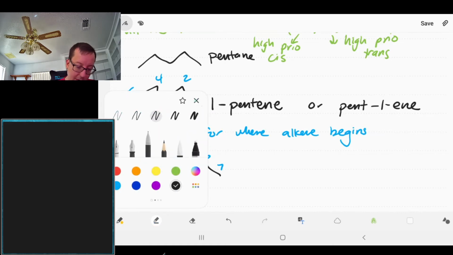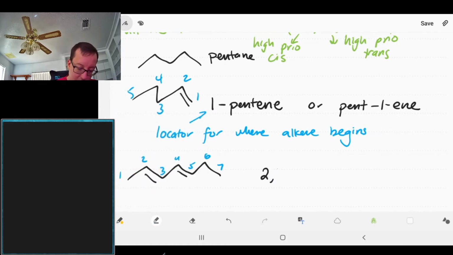So we're going to see that this would be 2,4-heptadiene. So we have a diene, 2 alkenes here, and we have our locator numbers.